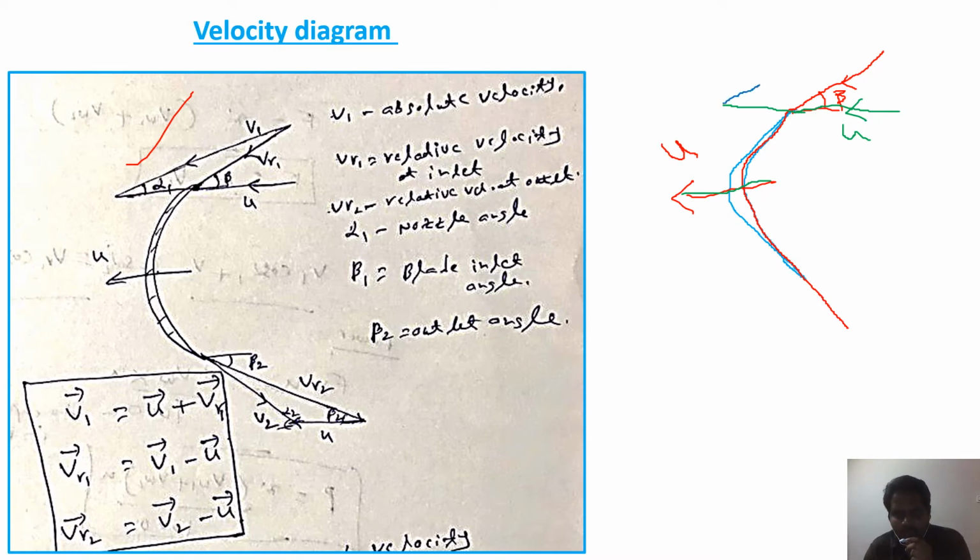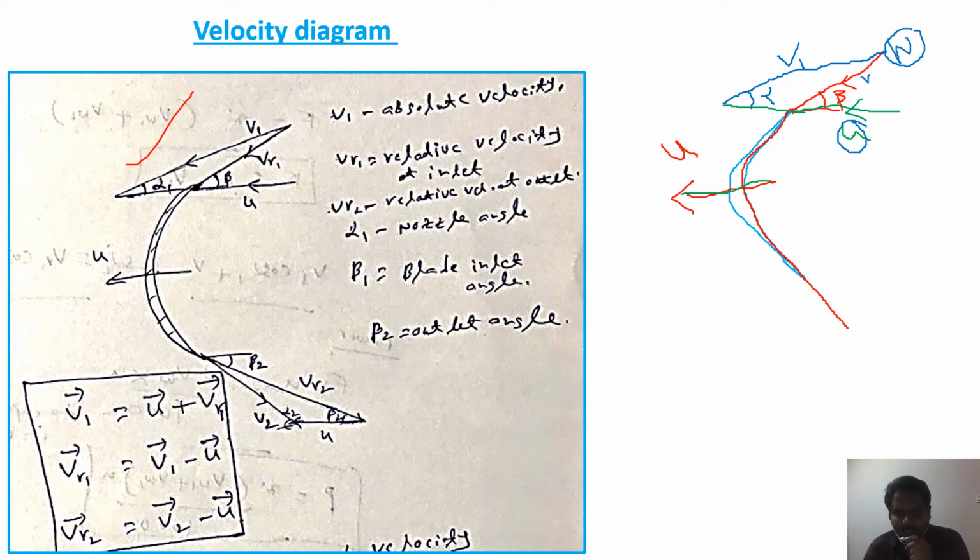If I join like this, this would be the net velocity v1, the absolute velocity. Alpha is the nozzle angle. Actually this is the nozzle angle. v is the absolute velocity, u is the blade velocity.